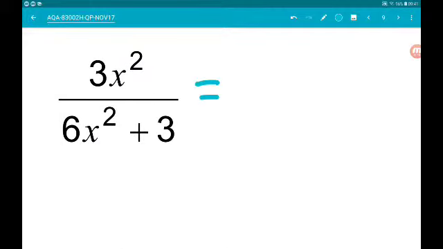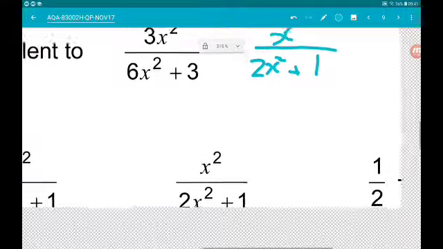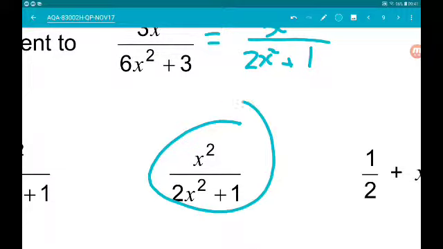So we can divide everything through by 3. So we're going to get 1x squared on top over 2x squared add 1 on the bottom. Nothing else we can do. So, there's our guide.